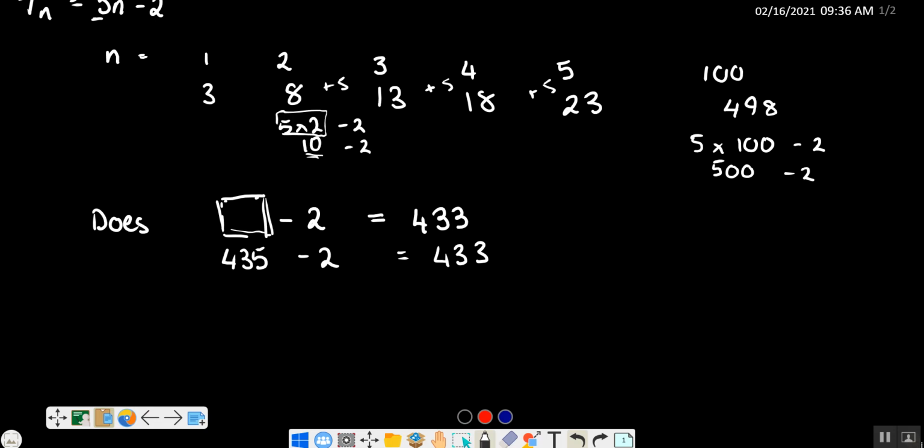Exactly that. Just add the 2 back on, which is what G was trying to say. If I just add this 2 back on, I haven't got the subtract 2 anymore, but the 433 must then be 435. Now here's the next step: well then, what was in the box?